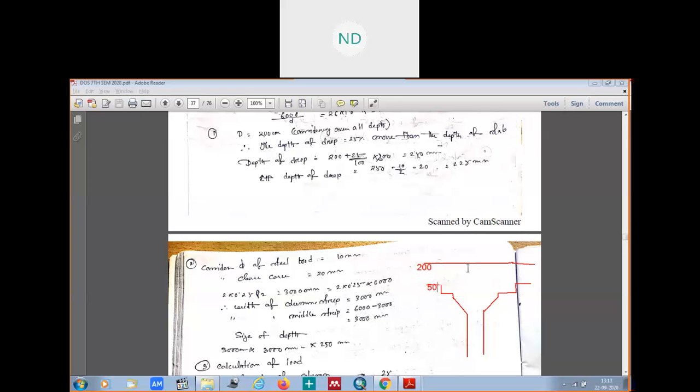So the depth of the drop from here will be how much now? 250. So we know our drop is how much? 50. Now we again provide a small thickness here of 50 mm.